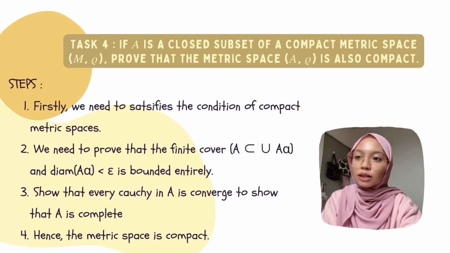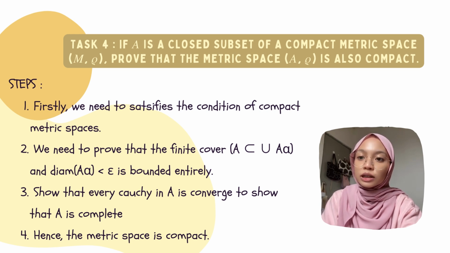Next I will proceed with task 4. The question asks: if A is a closed subset of a compact metric space M, prove that the metric space A is also compact. Here I have listed down the steps. Firstly, we need to satisfy the conditions of a compact metric space.